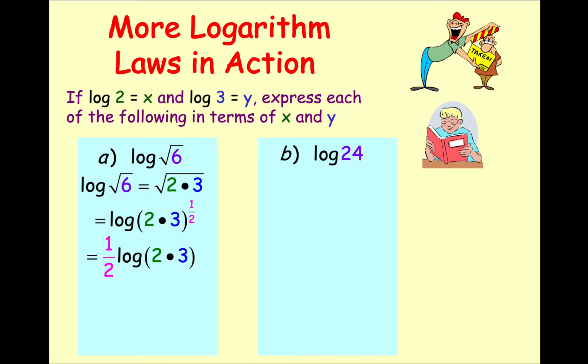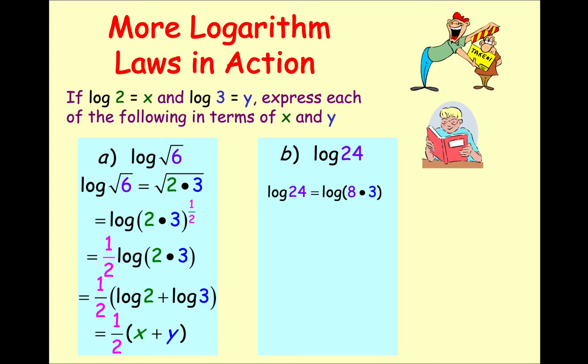Well, log of 2 times 3 is log 2 plus log 3, so we get a half (log 2 plus log 3). Log 2 is x, and log 3 is y, so we get a half (x plus y).